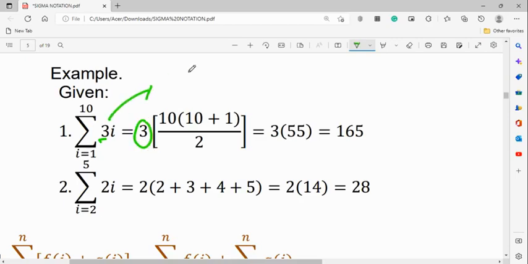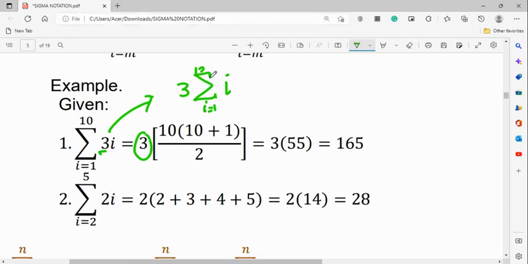So, this one can be written as 3 times the summation of I from 1 to 10. Kaya nakalabas yung 3 dito.